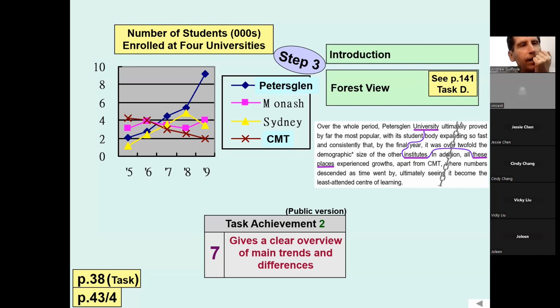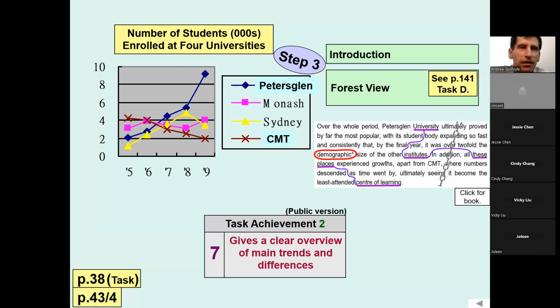Okay, yeah, you're right. I used it. It is CMT. But then I also use center of learning. Center of learning. So I don't repeat, do you notice? I try not to repeat.